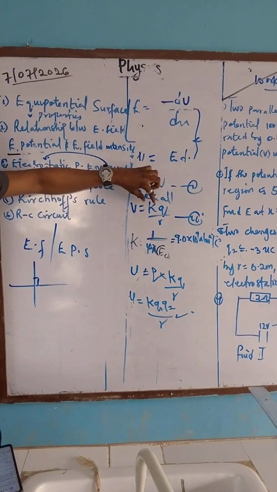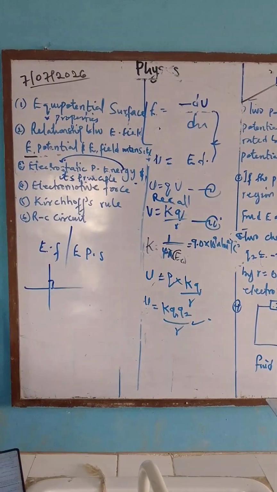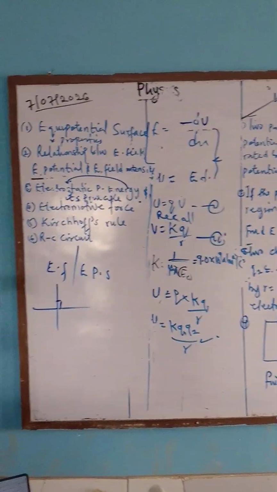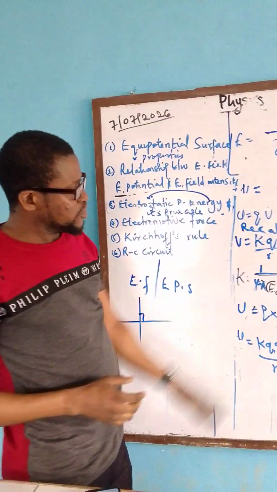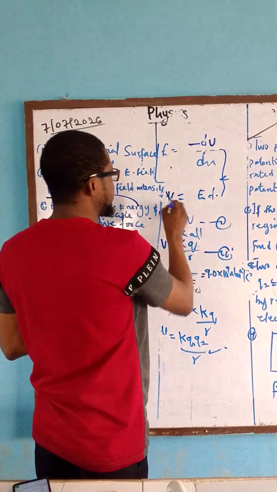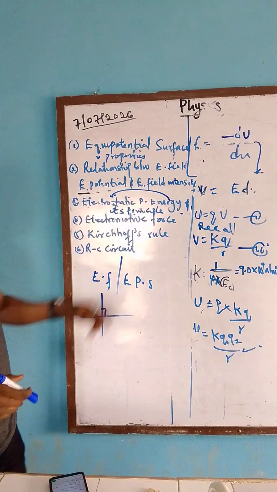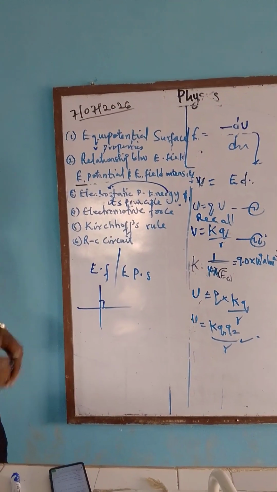This one can be between one charge, while this one is between two charges. Okay? So that is on electrostatic potential energy. So please note all these formulas we have on the board, because we are still coming back to use them in solving problems. Note them, and the way I have been generating them.